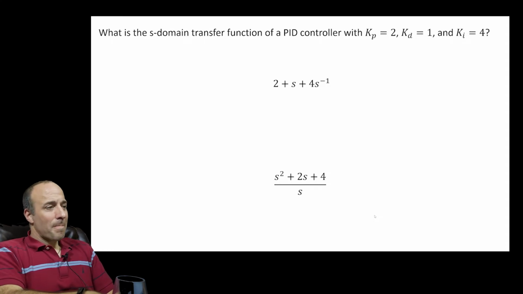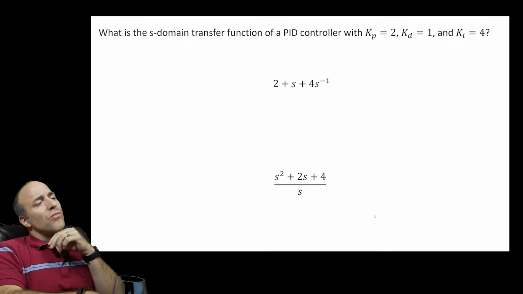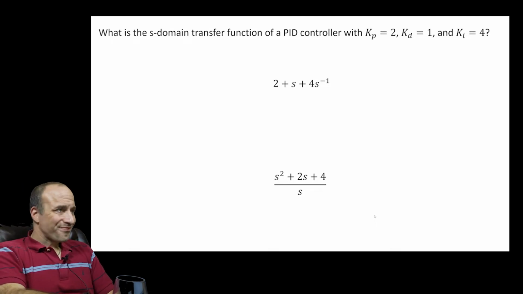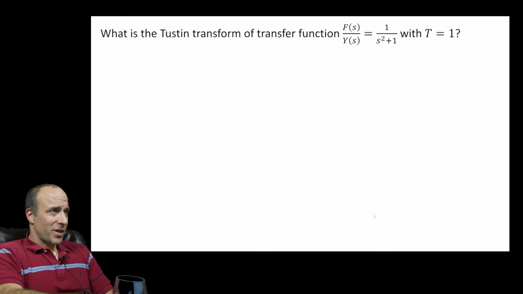We can restructure that as a function that has a denominator with an order of at least 1 by just multiplying this by s over s.